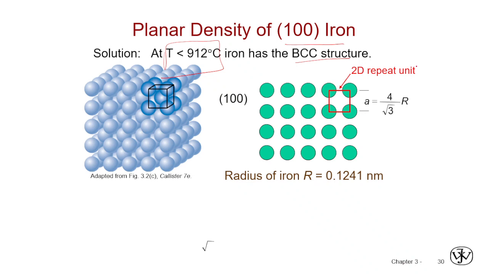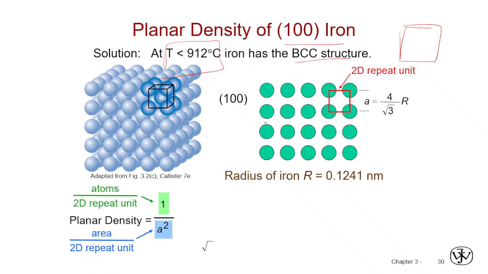For planar density, it is like a plane, right? And what is the formula for planar density again? The number of atoms of 2D repeat units.